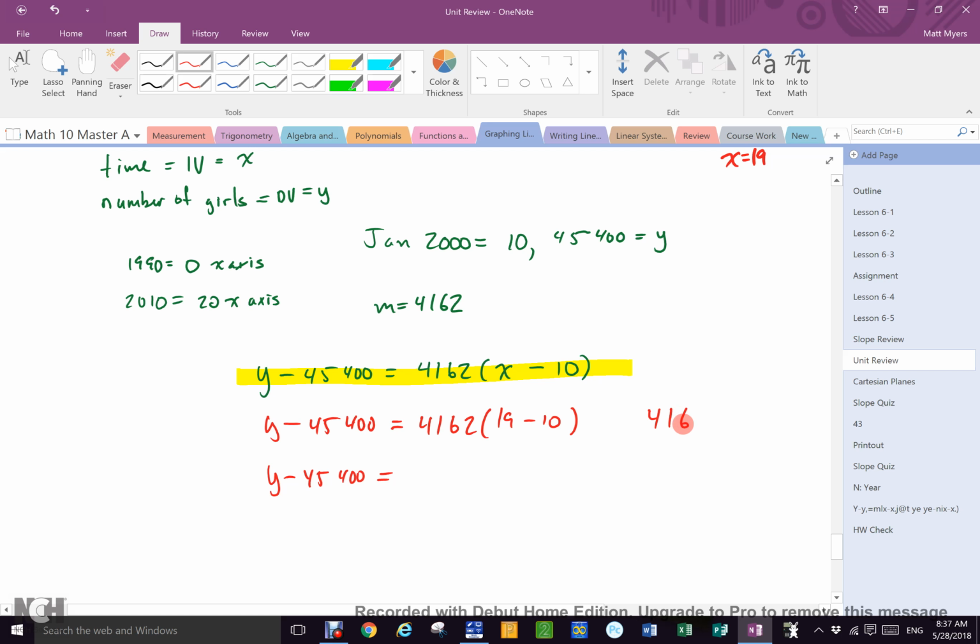Okay, it's 41,620 minus 41,662, so it's 8. 12 minus 6 is 6. 5 minus 1 is 4. 11 minus 4 is 7. 37,468. Then what?